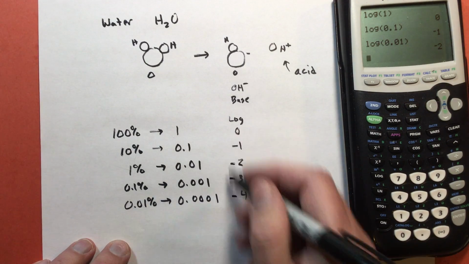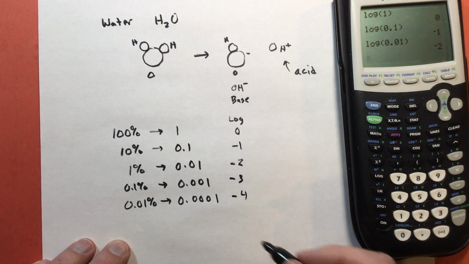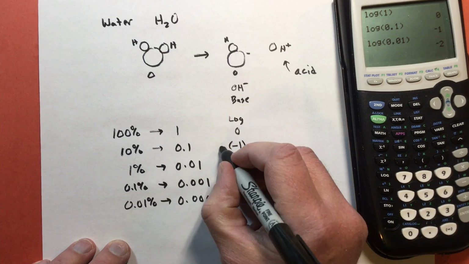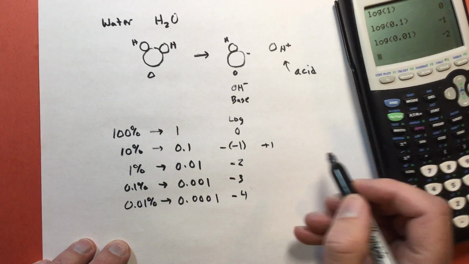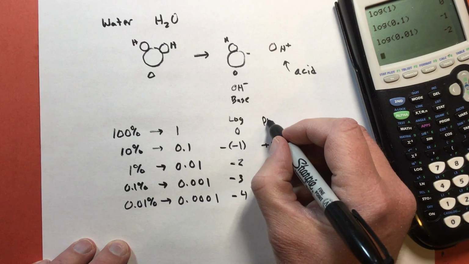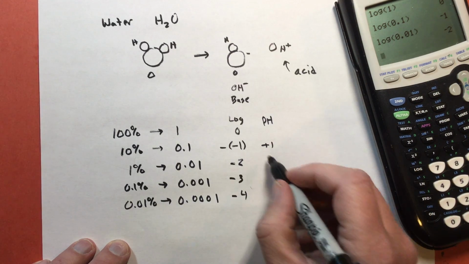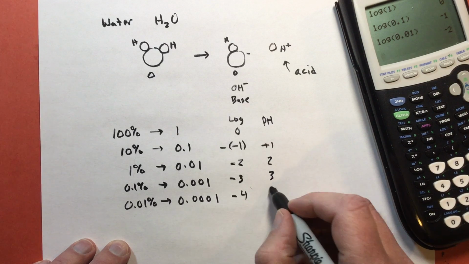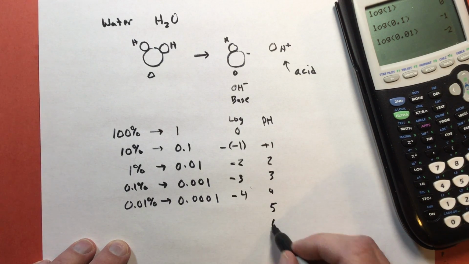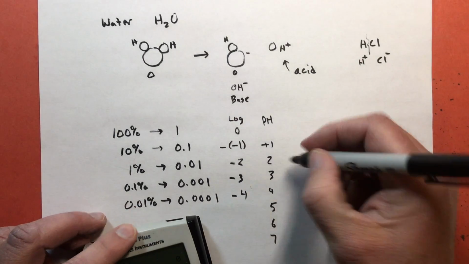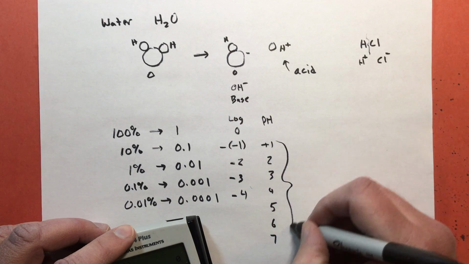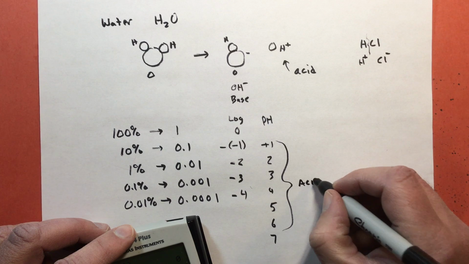So they say, hey, by the way, change all these. So I'm going to put a negative in front of that, which now gives me positive 1. So now my actual scale, my pH scale, is going to be 1, 2, 3, 4, 5, 6, 7. And what happens is that all of these are going to be acids.